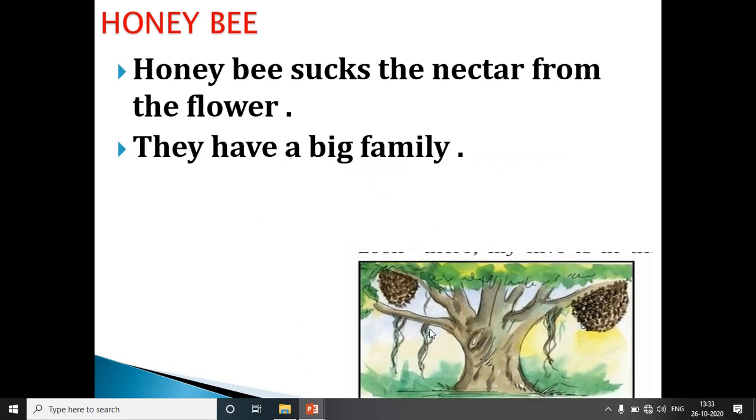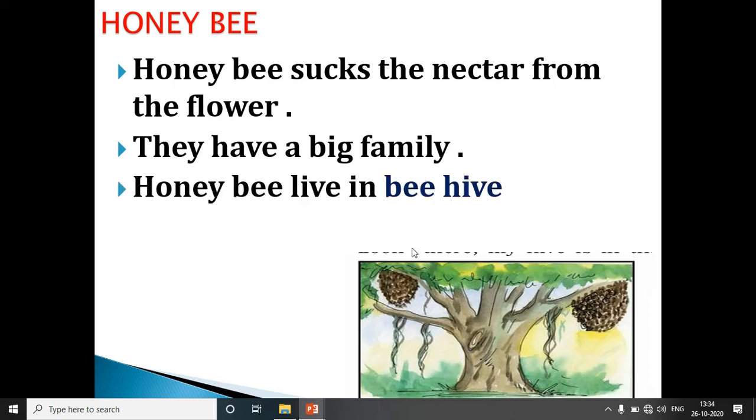You can see honeybees live in a beehive. So where does the honeybee live? Honeybees live in beehives. They live in a beehive.